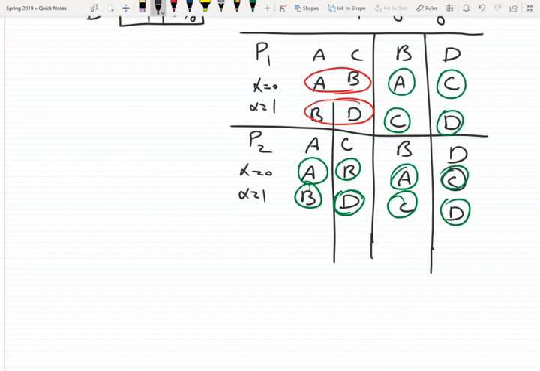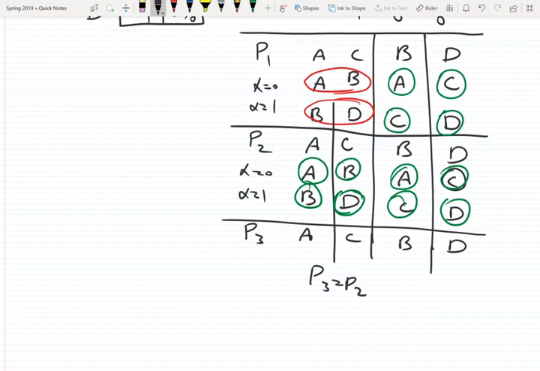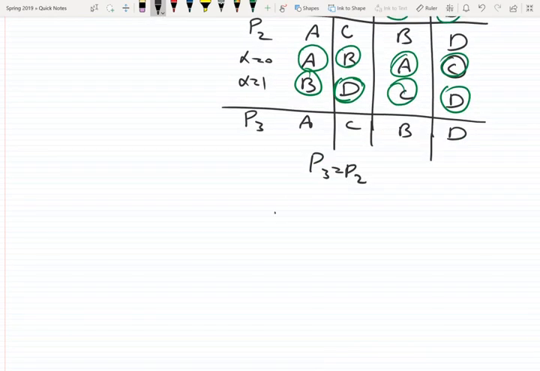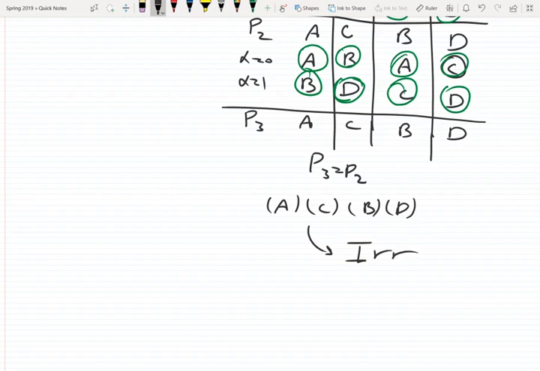So P3: A, C, B, D is the same as P2, so P3 is equal to P2. It means that this function is irreducible. So it's not possible to reduce this function.